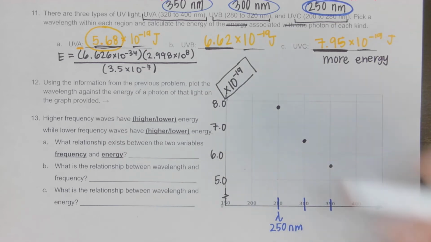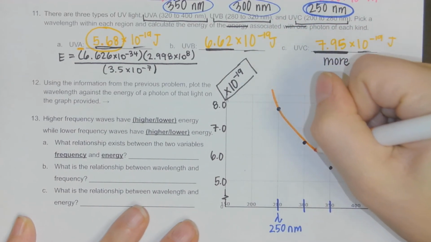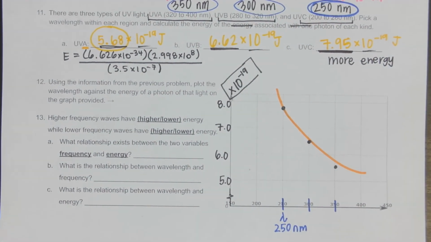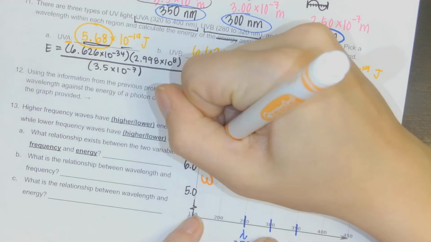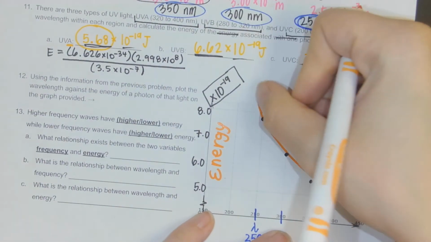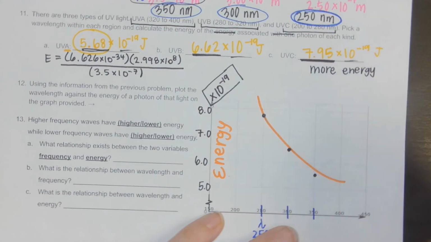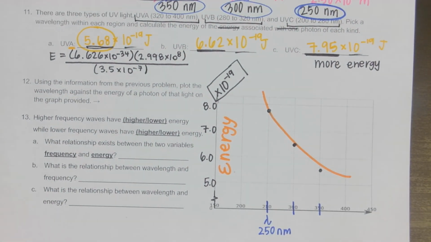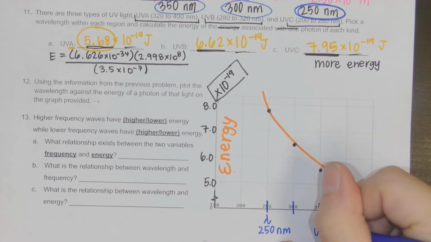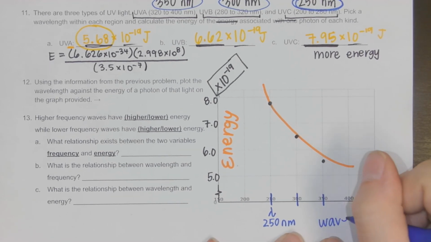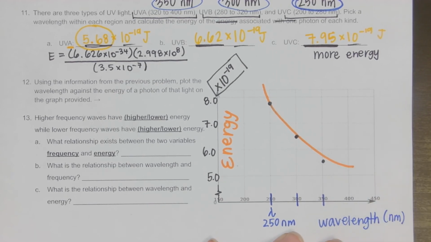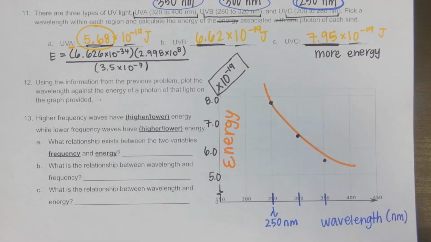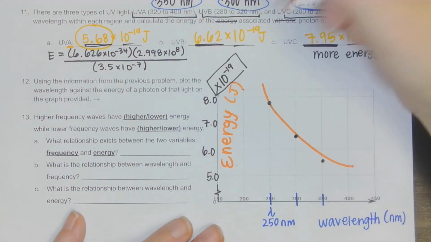Looking at my line of best fit, it kind of looks like it's going to do that, where the energy is going down, and here's our wavelength in nanometers, and the energy is in joules.